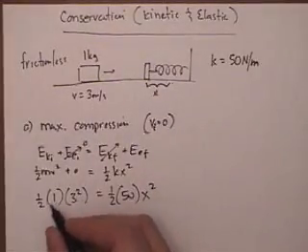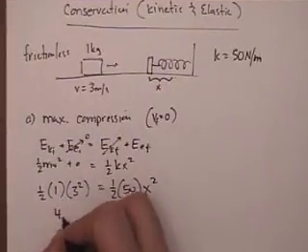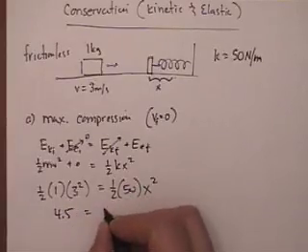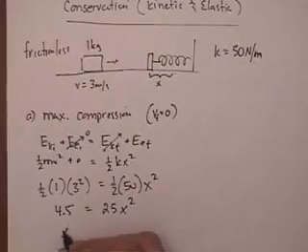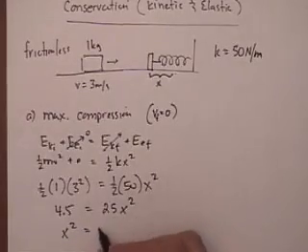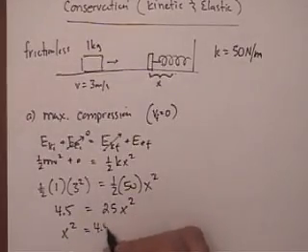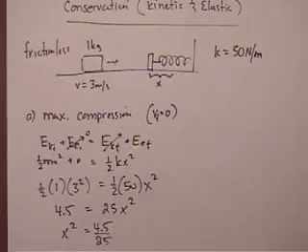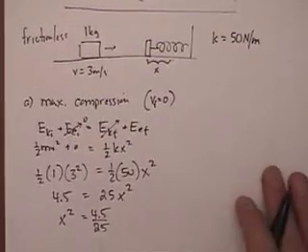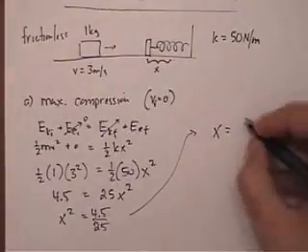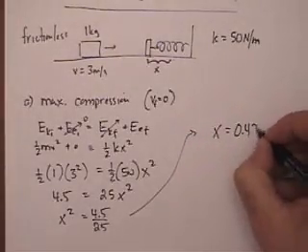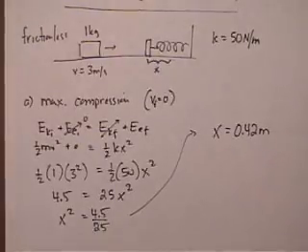So 3 squared is 9 times 1/2, that's 4.5 equals 25 x squared. So x squared is going to end up being 4.5 divided by 25, which means then that x is going to end up being equal to 0.42 meters.